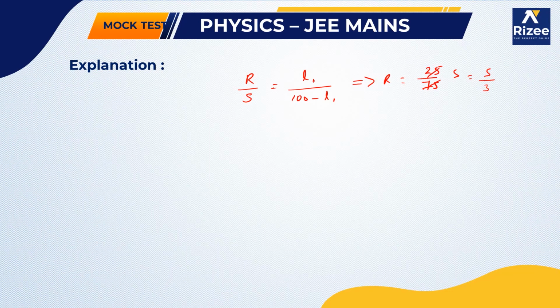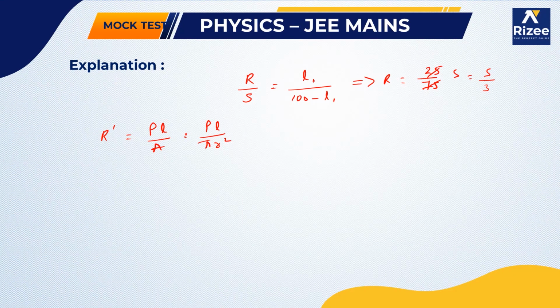Now he is replacing it with another resistance R dash, whose length is half and diameter is also half. Resistance can be written as rho L by A, or rho L by pi r square.